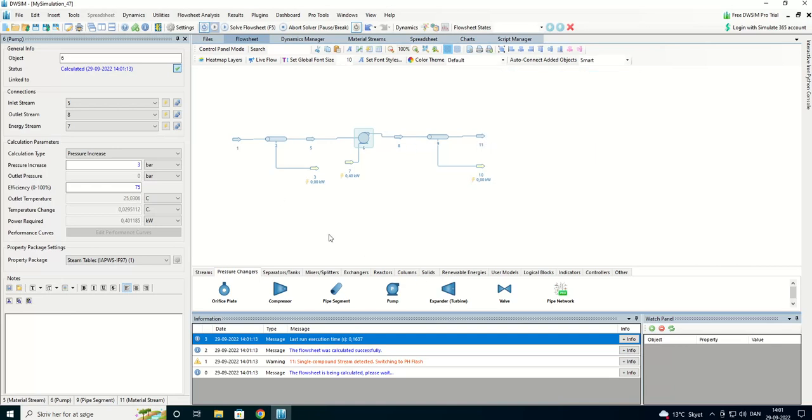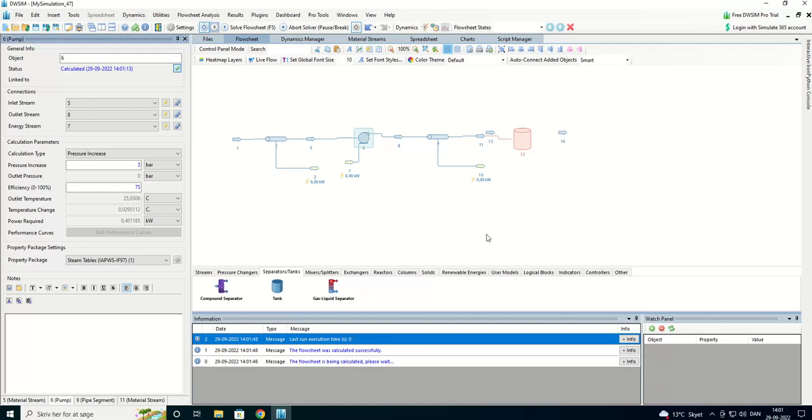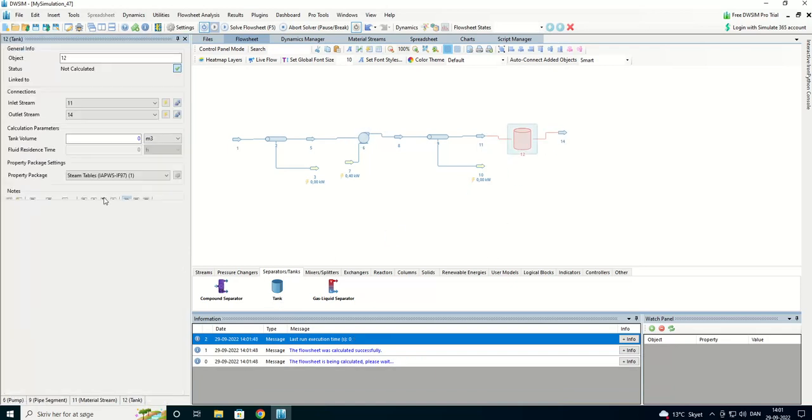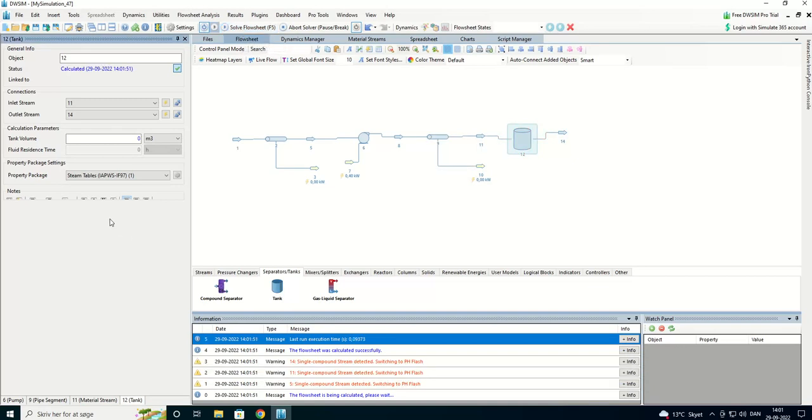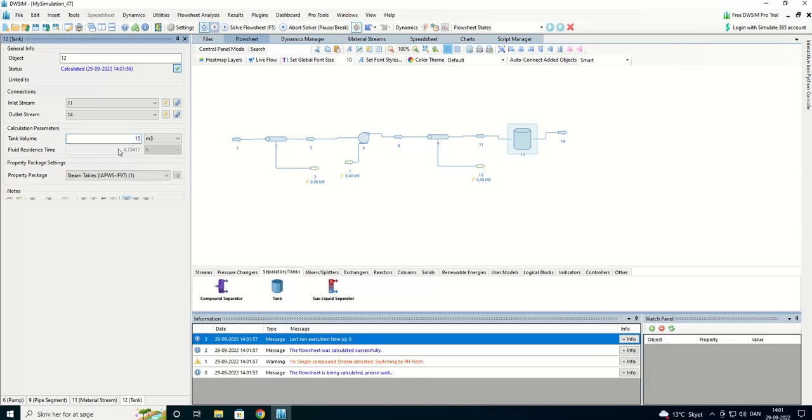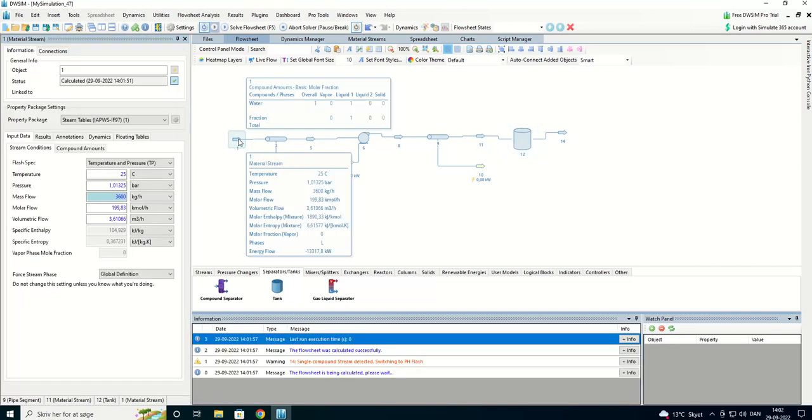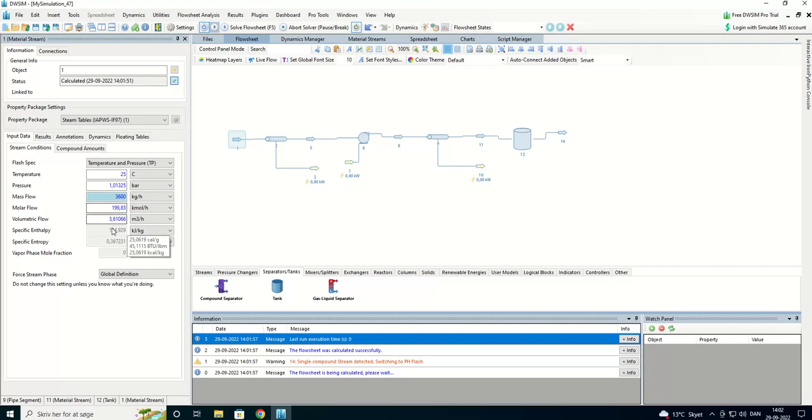Oh, we're going to add a tank. And it's 15 cubic meters. Hey, what happened to the flow? Oh, we have 15 cubic meters flow rate per hour.